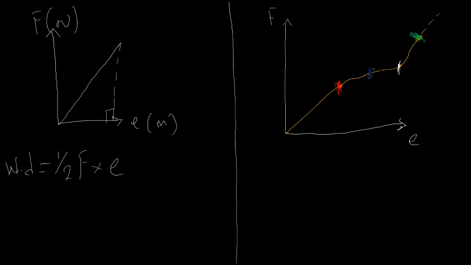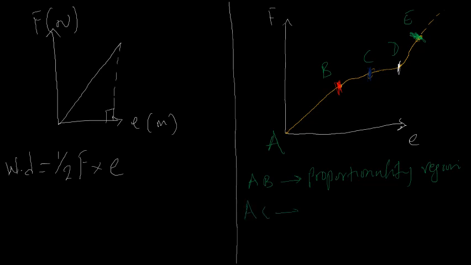Okay, so let me call this A, B, C, D, and E. Now line AB, that's the proportionality region. And then AC is the elastic region.